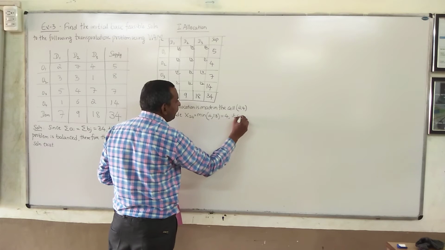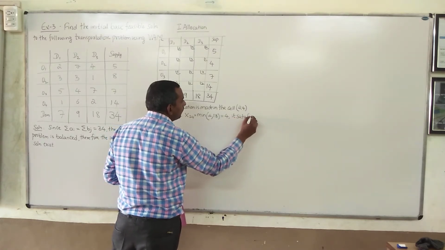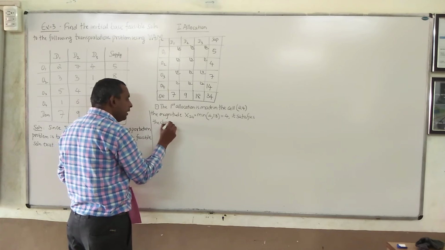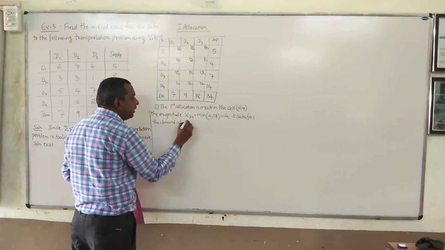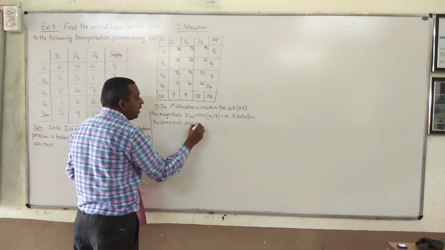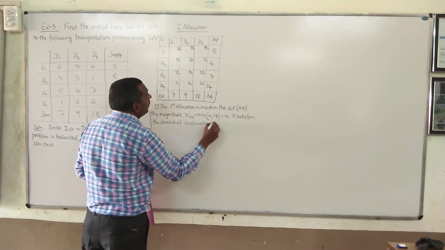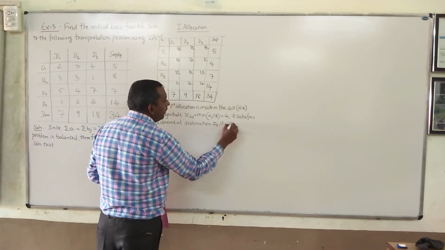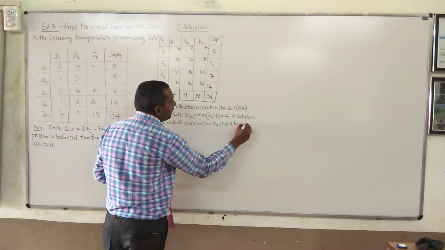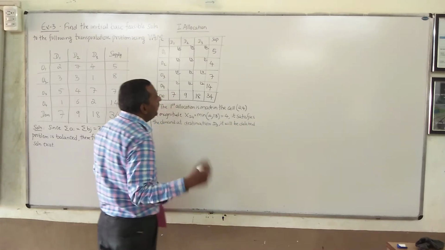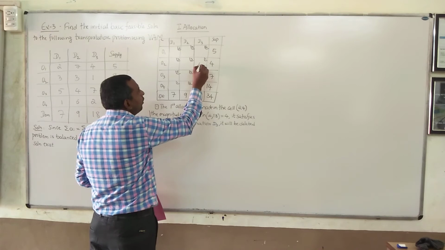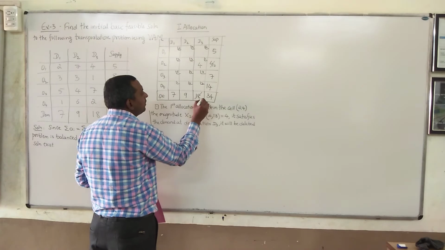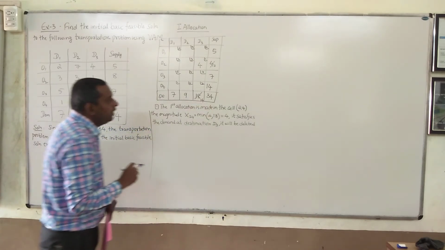So it satisfies the demand at destination D3, so it will be deleted. So let me do the allocation here. It is 4, so 4 minus 4 is 0. So 18 minus 4 is how much? 14. So the remaining is 14 here.